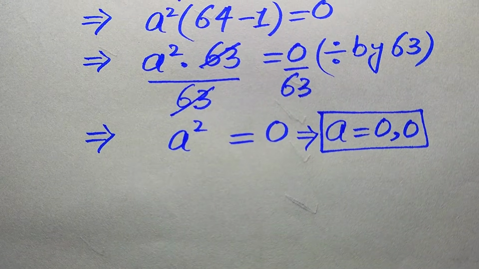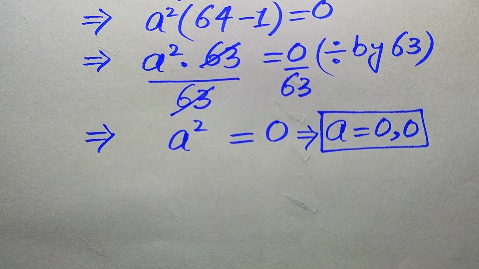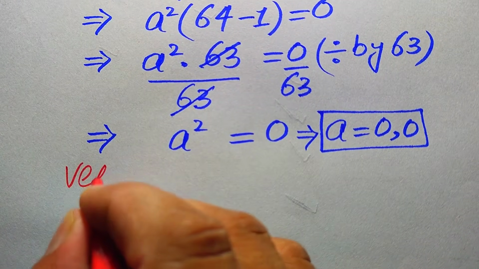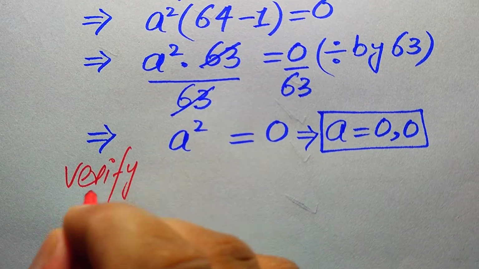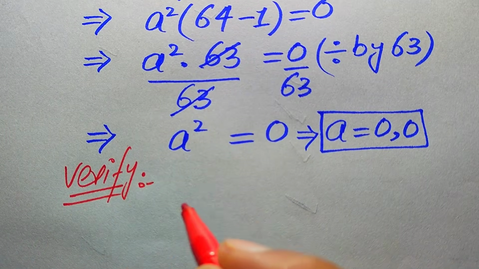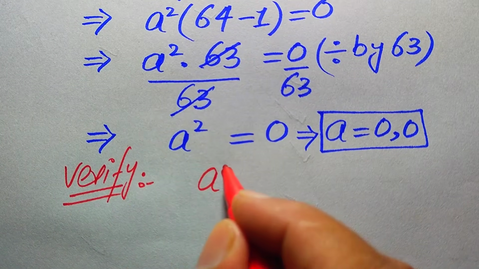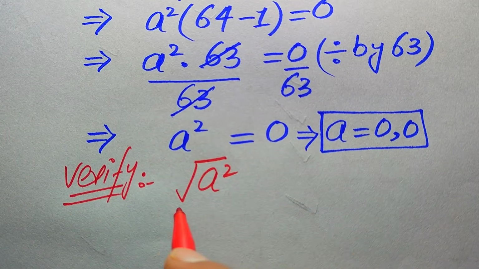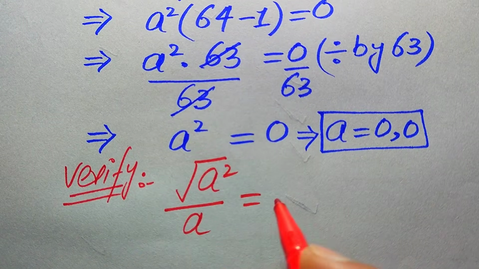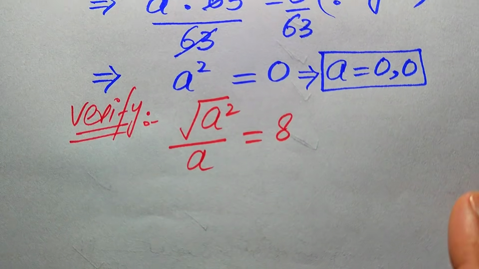Now in the next step we need to verify whether these roots are solutions or extraneous roots. For verification of these roots we need to copy down the given question statement here, and it is square root of a squared divided by a is equal to 8.